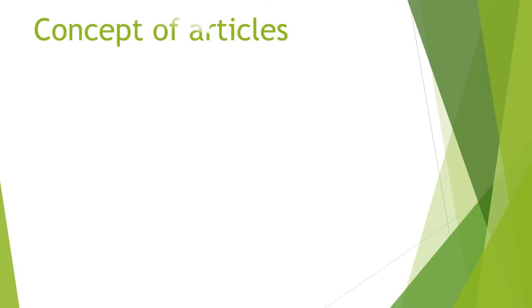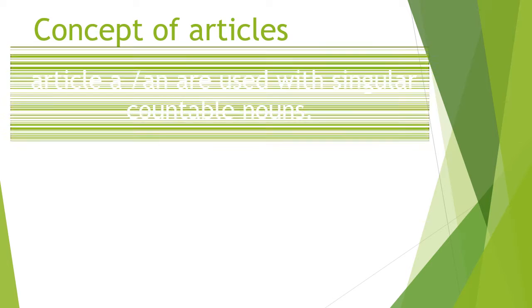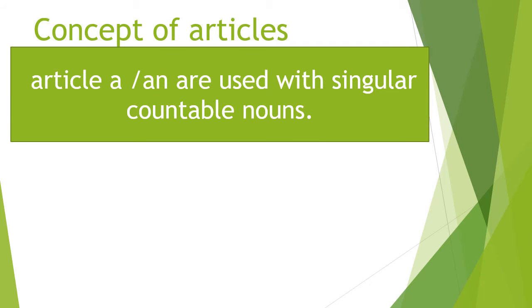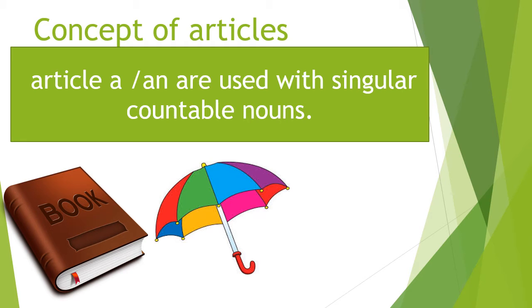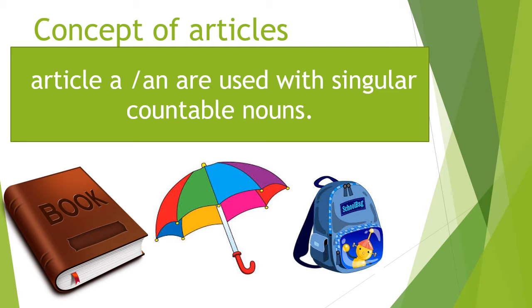Students, let's learn the concept of articles. Article a or an are used with singular countable nouns. As you can observe around yourself and find out many things like book, like umbrella, like bag, like box, and so on.